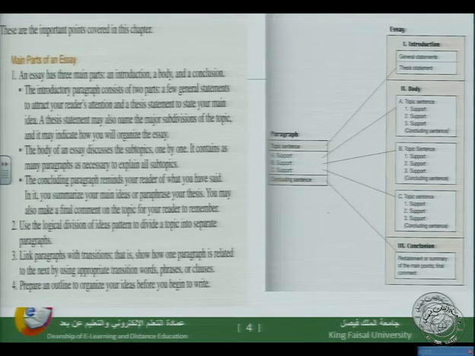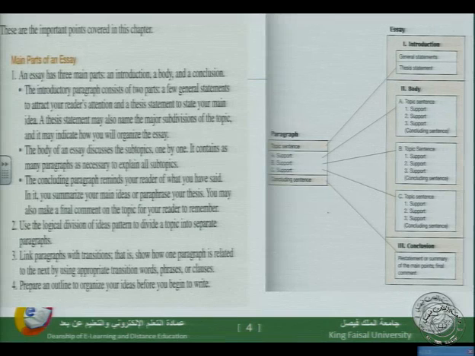This is the main parts of our essay. We've discussed during the 1st, 2nd and 3rd class these major points, and we have said that an essay has 3 main parts: an introduction, body, and a conclusion. The introductory paragraph consists of 2 parts: a few general statements to attract your reader's attention, and a thesis statement to state your main idea.